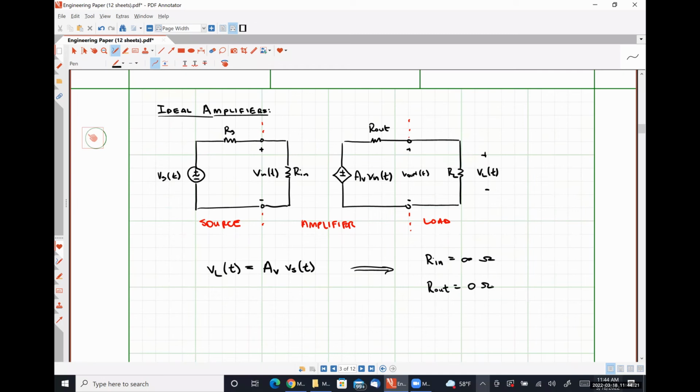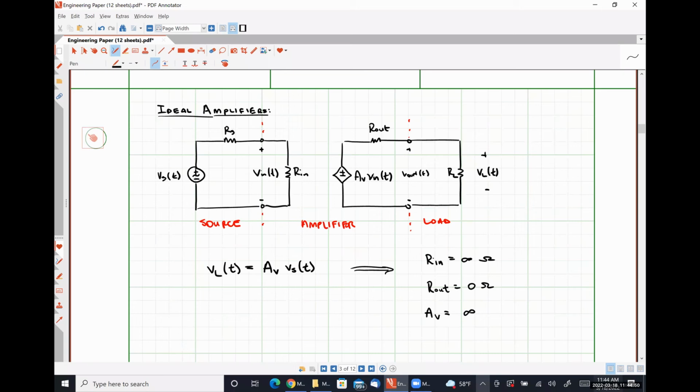So for an ideal amplifier, R out is exactly 0. The last piece of this, unfortunately, cannot be determined by this model. It is simply for an ideal amplifier, it will have a gain that is infinitely large, which means it is extraordinarily well controlled by feedback.